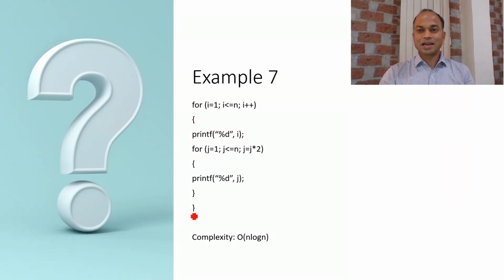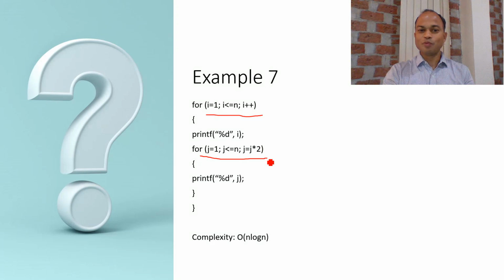Now we are presenting one more example, example 7. Here we have a for loop that executes n times. Initially i equals 1, then i less than or equal to n, and every moment the value of i is increasing by 1. Within this loop we have one more loop: j equals 1, j less than or equal to n, and j equals j by 2.